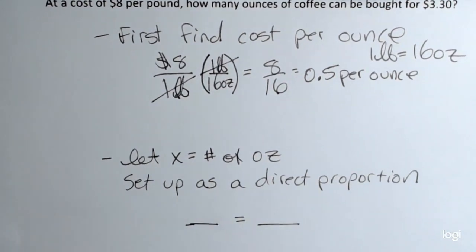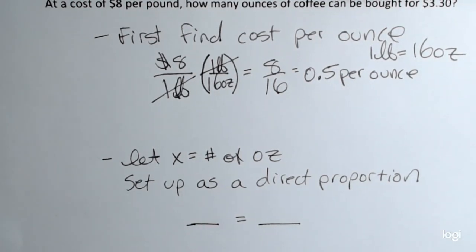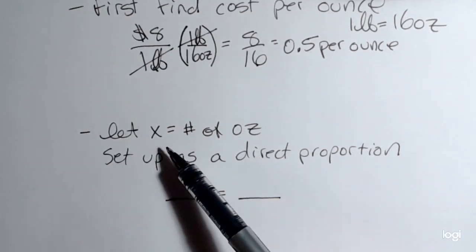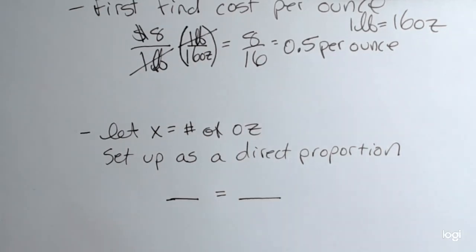Okay. All right, so the next thing I need to do is figure out how many ounces can be bought for $3.30. So I'm going to let X equal the number of ounces we're looking for, and I'm going to set this up as a direct proportion. This would be a direct proportion because as the number of ounces gets bigger, the cost would get bigger.